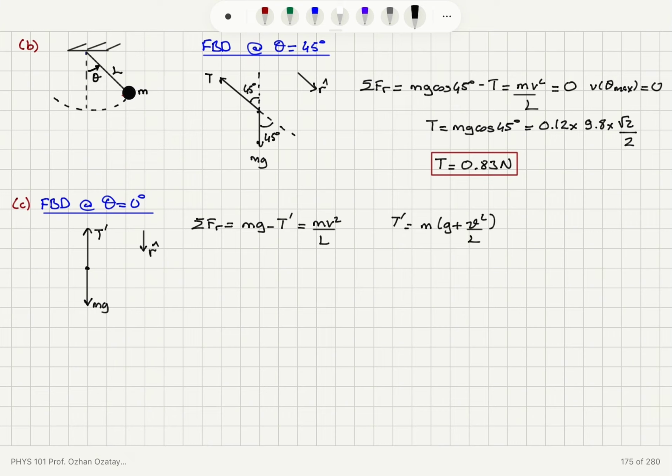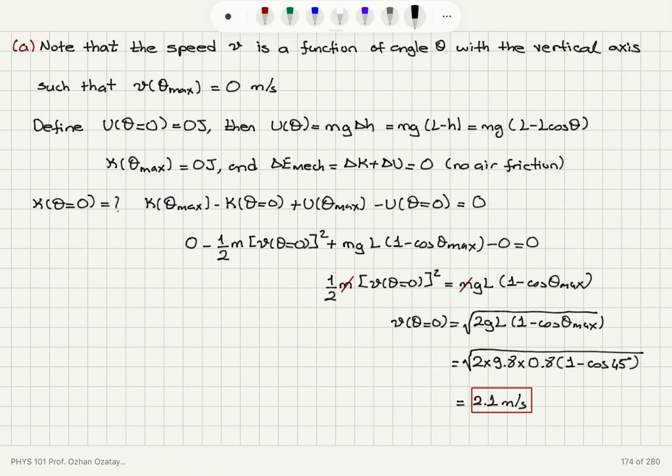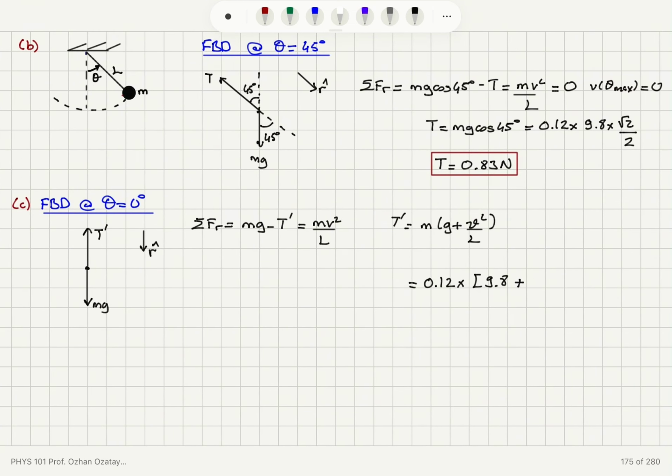So if I substitute the numbers here, 0.12 kilograms times 9.8 meters per second squared plus v squared at theta equal to 0. So v squared at theta equal to 0 is 2gL(1 minus cosine theta max).